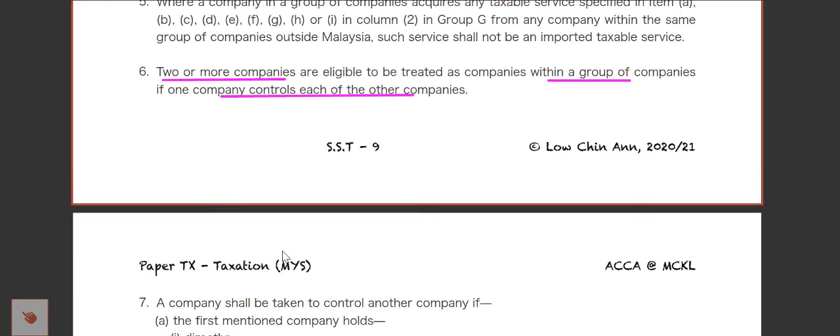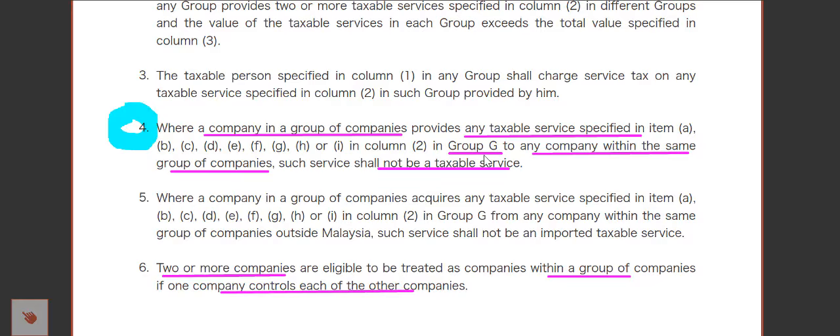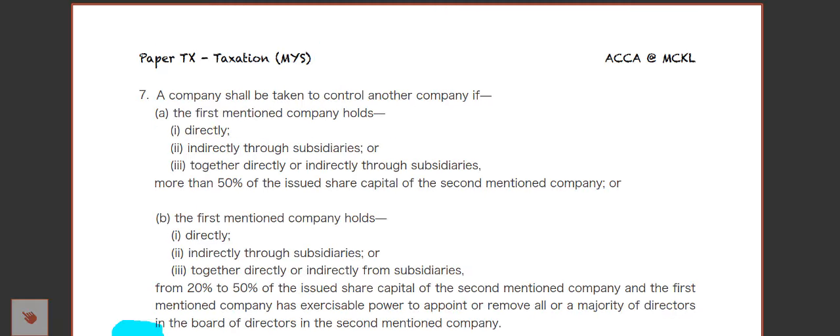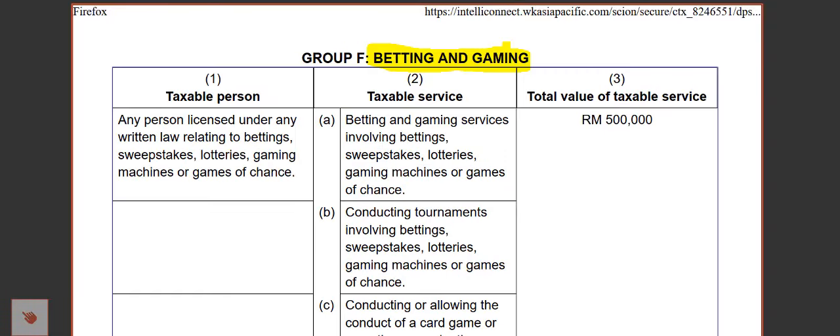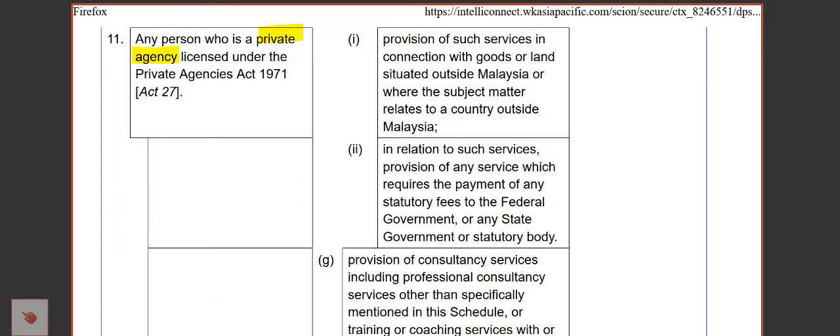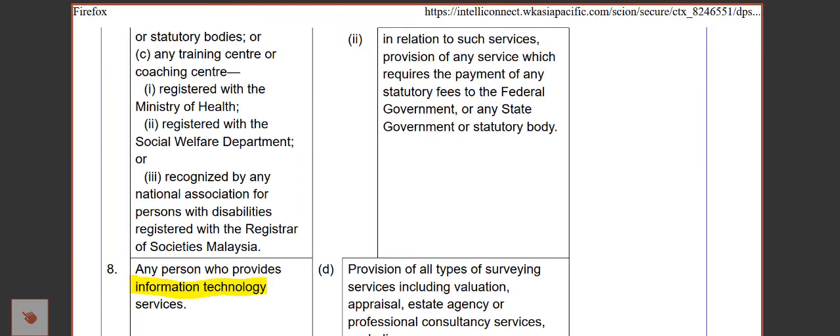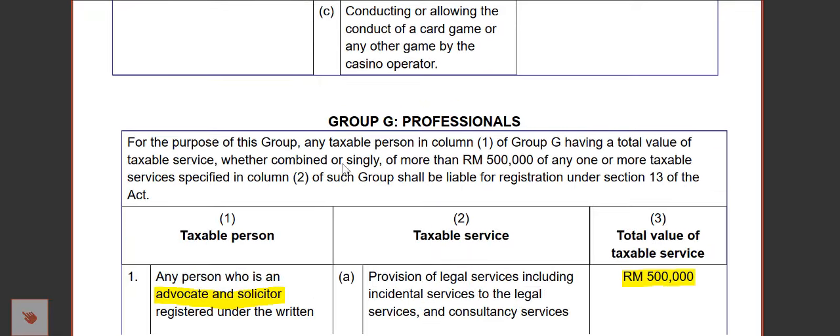So first, can we go to group G and look at A, B, C, D, E, F, G, H, I. Now, if you go to group G here, professional.